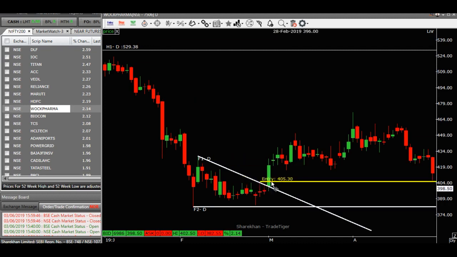So I enter on the breakout. Stop loss we can keep here, midway, right? If you don't want to risk too much. And my targets can be the swing highs, or simply keep it right here, right where the triangle starts forming. That will be my final target.